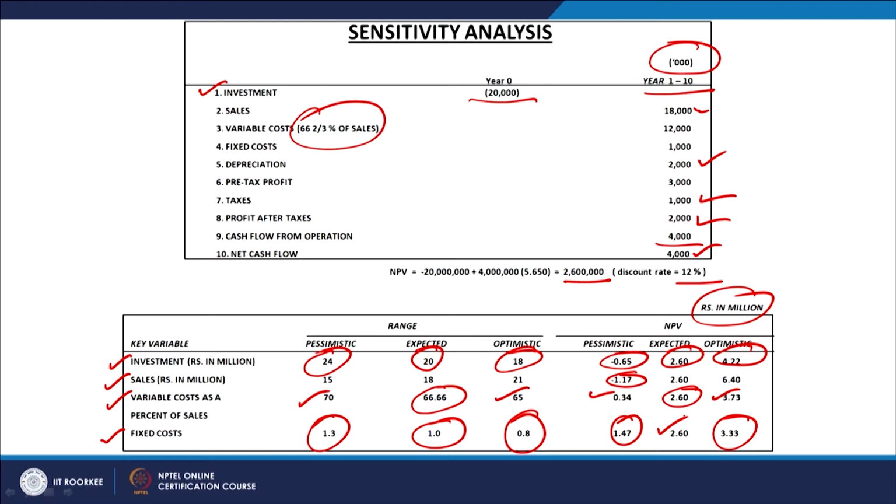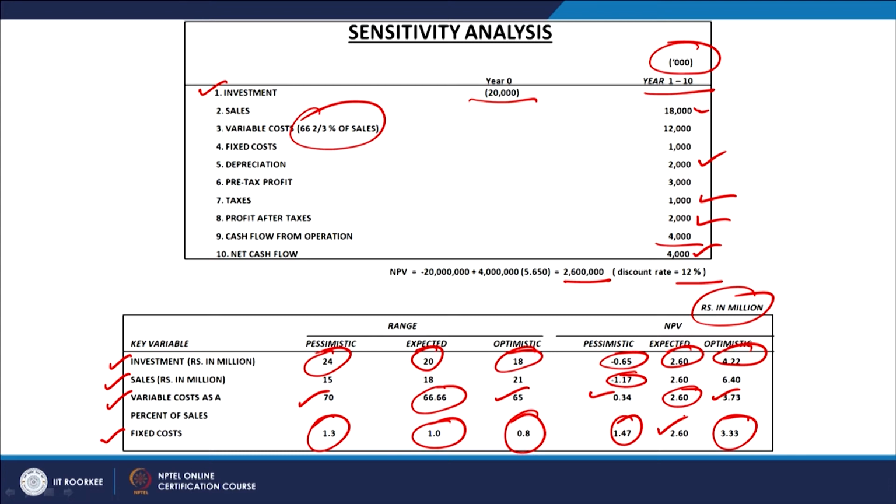So, all this analysis is done to apply the technique of sensitivity analysis. We call it sensitivity analysis because we look at how sensitive this investment proposal is towards different variables. If one variable is changed at a time and the other variables remain the same, how will the proposal look and what impact will be seen upon the NPV?